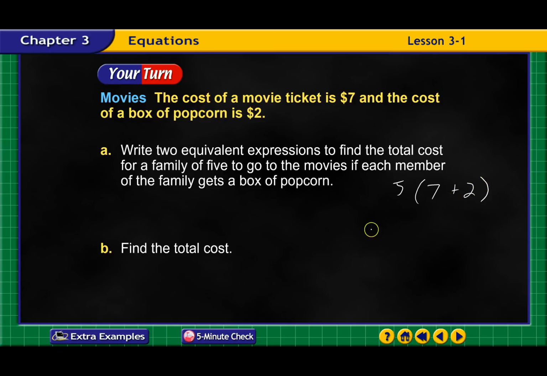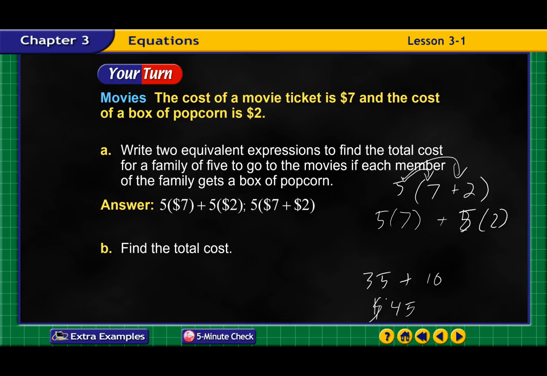The second option would be to do each one, 5 times 7 plus 5 times 2. Either way works. To find the total cost, it would be 35 plus, and I'm just distributing, 35 and 10, so $45. Man, love to have 2 people going to the movies now costs $45.